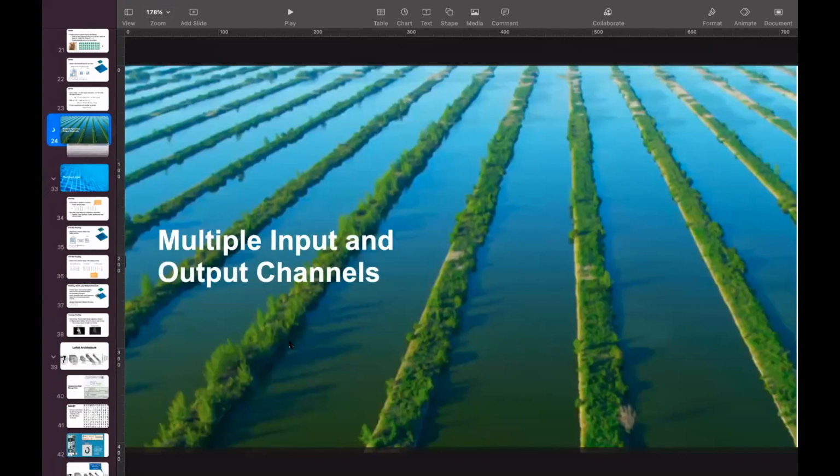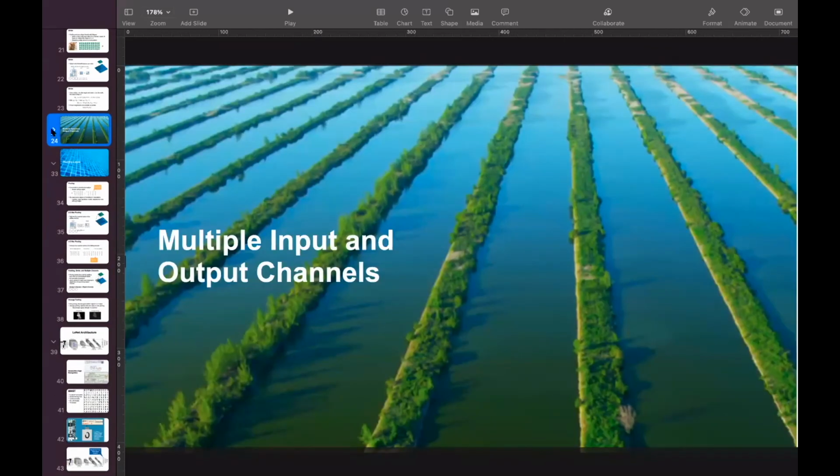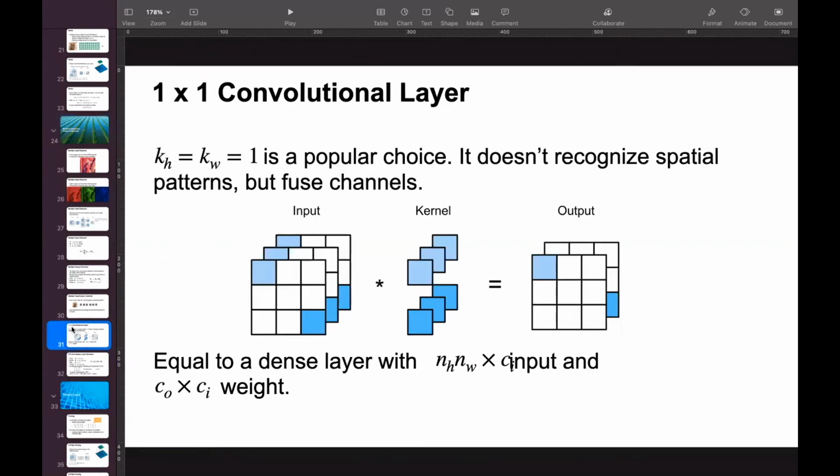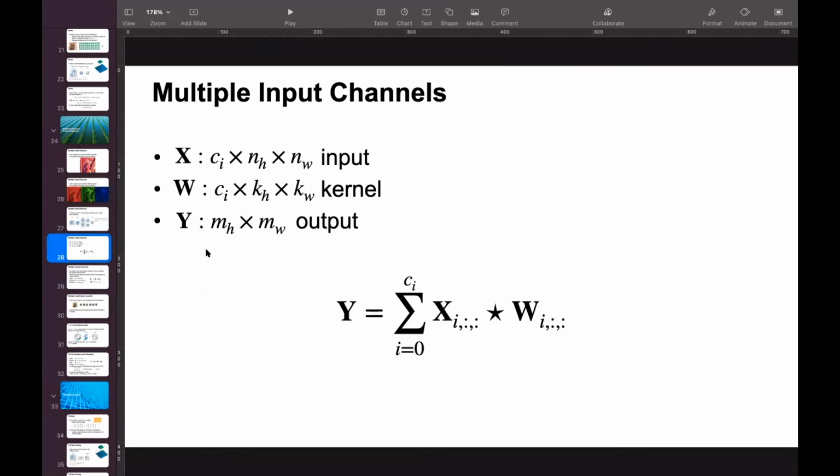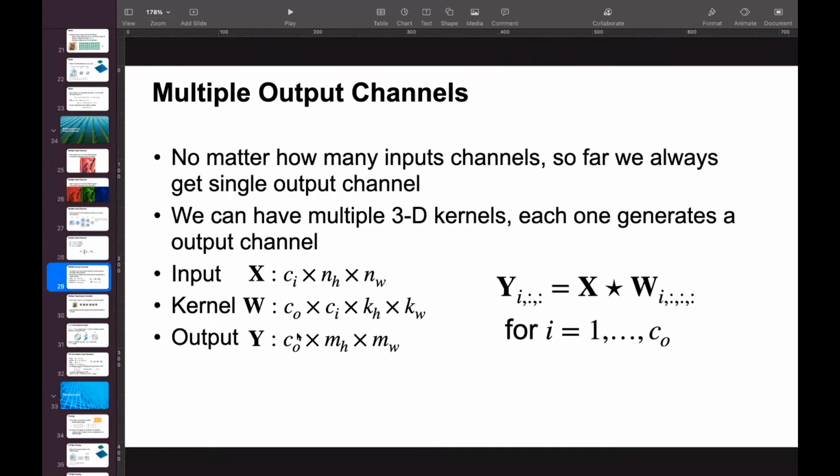So instead of your y being just height times width, now you have channel times height times width.